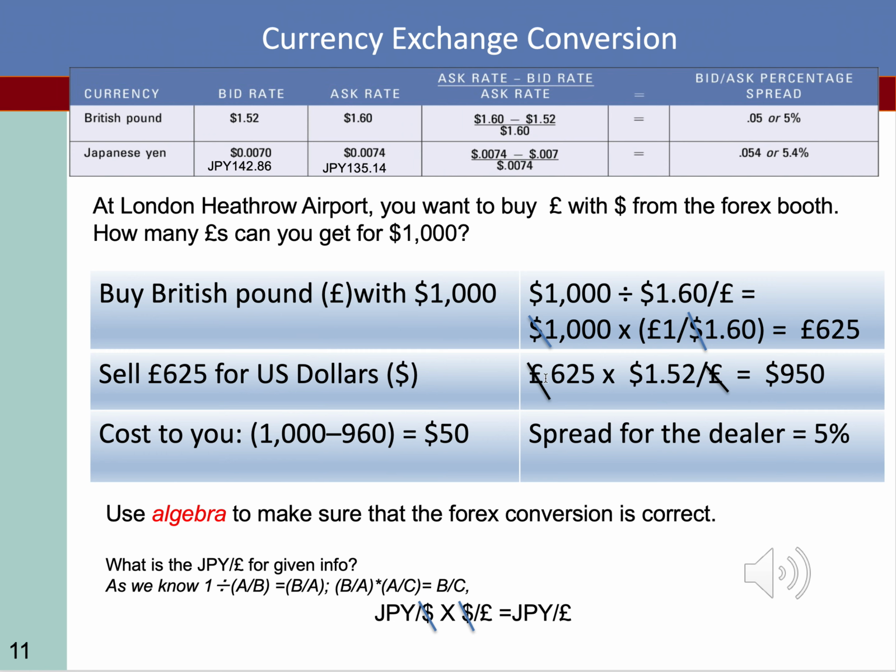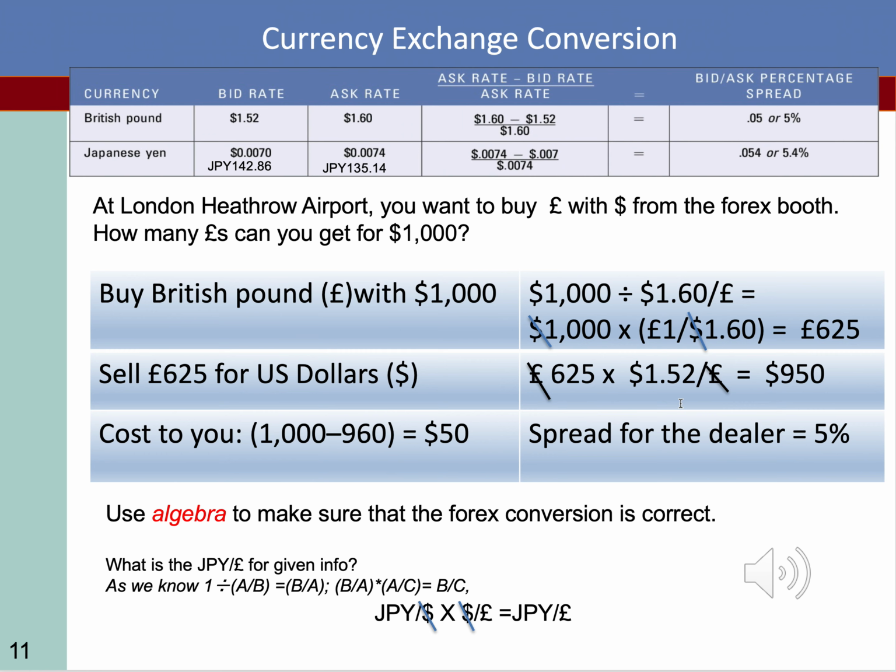So pound and pound, numerator pound and denominator pound, cancel each other out. You keep the dollar sign, and 625 times 1.52 is equal to $950. You get that.